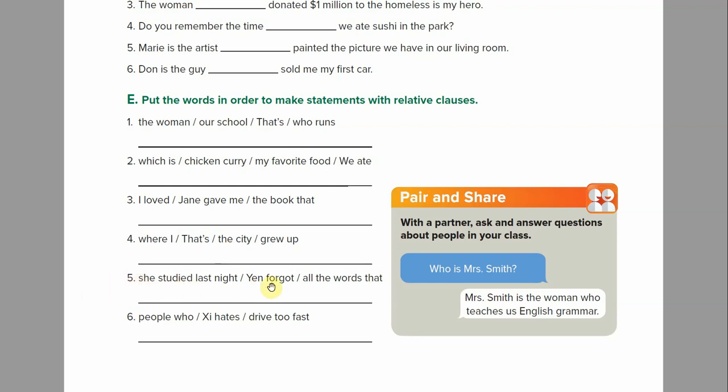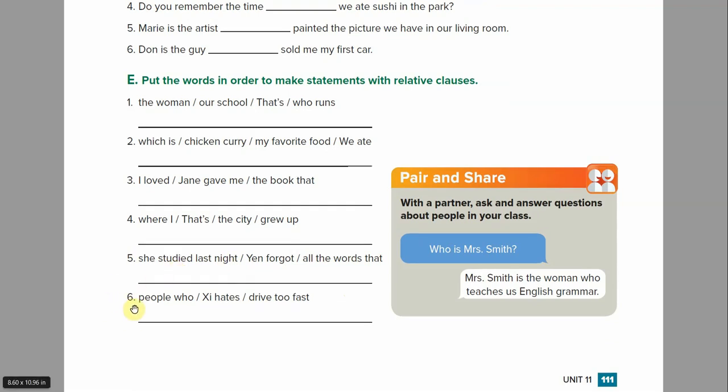Number five. Let's go through. So Yen, this one will be first. We have she studied last night. This is referring to Yen, or maybe to all the words. So Yen forgot all the words that she studied last night. Yen forgot all the words that she studied last night.